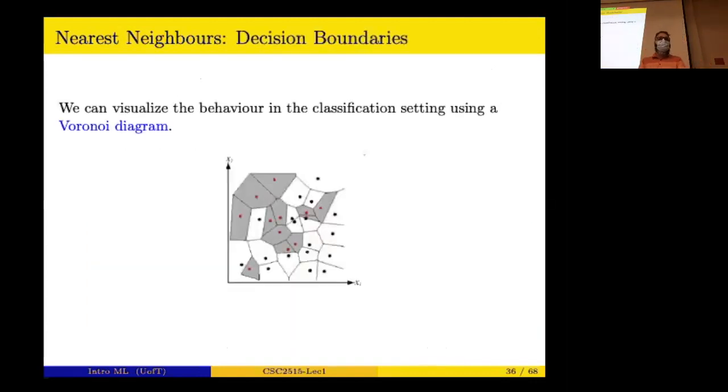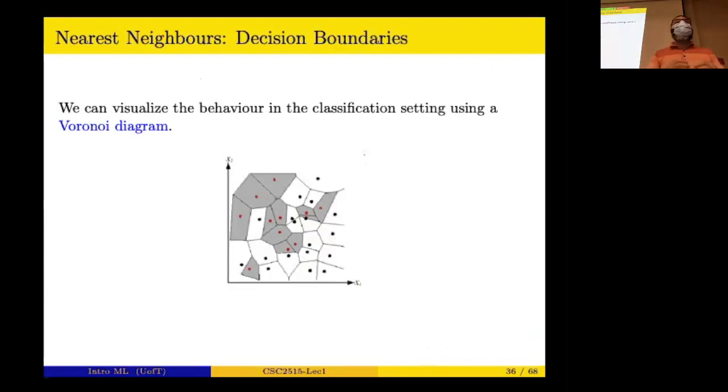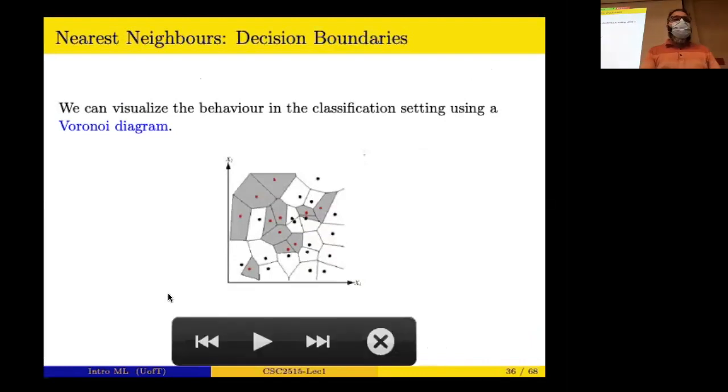Okay, so let's try to understand what this algorithm is actually doing, or how it divides the space into different regions. So suppose these are points, I guess you see my mouse. So red points and blue points.